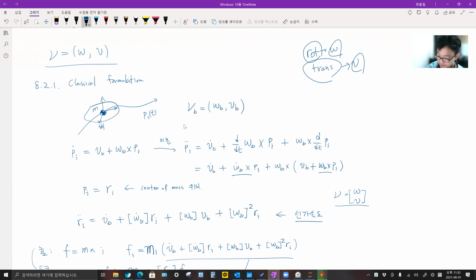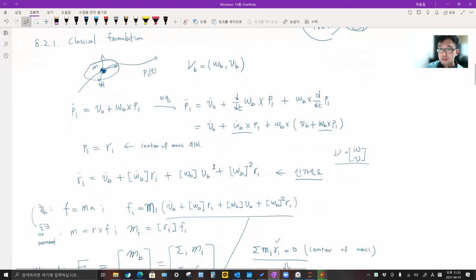And to describe these things together is a twist. So let's start from the original equation to the twist style equation.